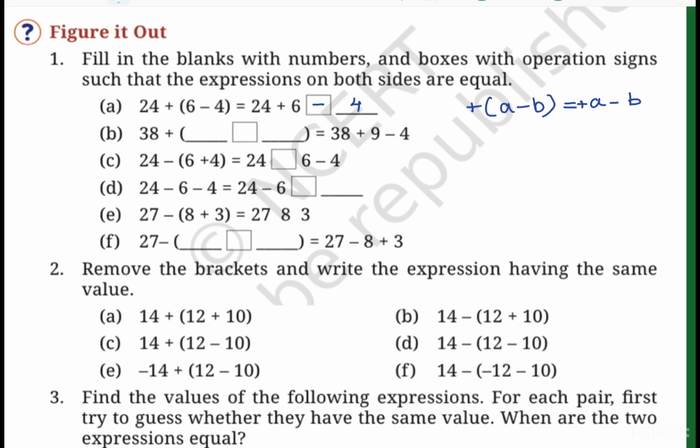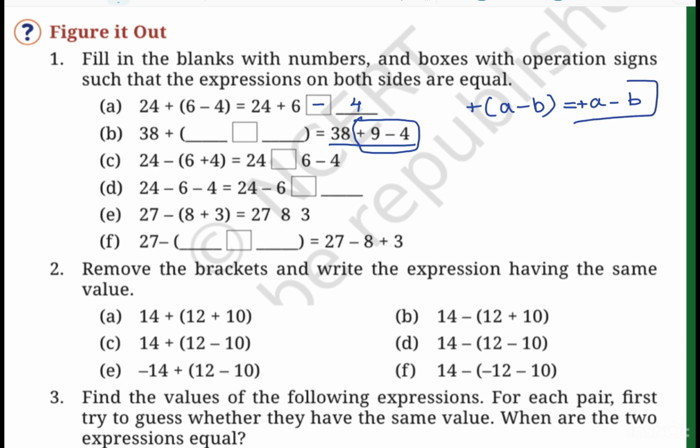Next b, 38 plus, we have a bracket that is equal to 38 plus 9 minus 4. So when we see this question, we can see that these are the expression got by opening the brackets.